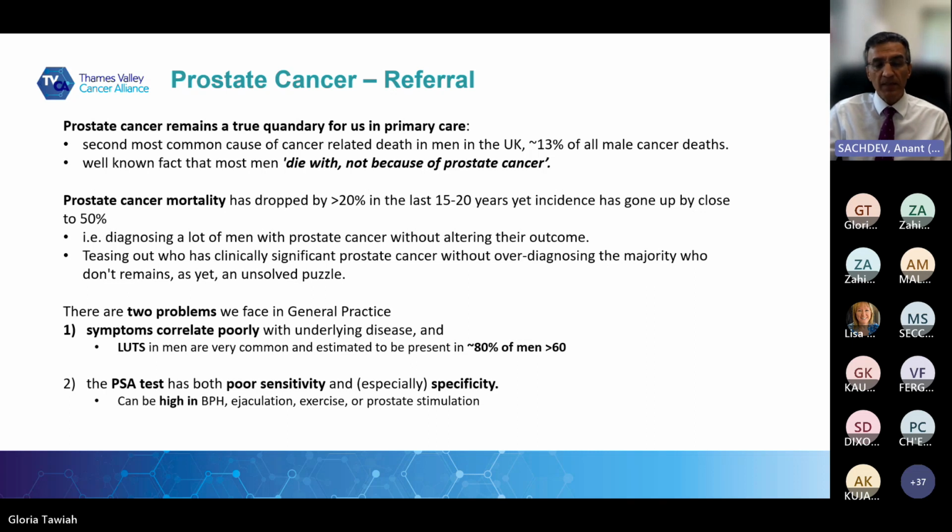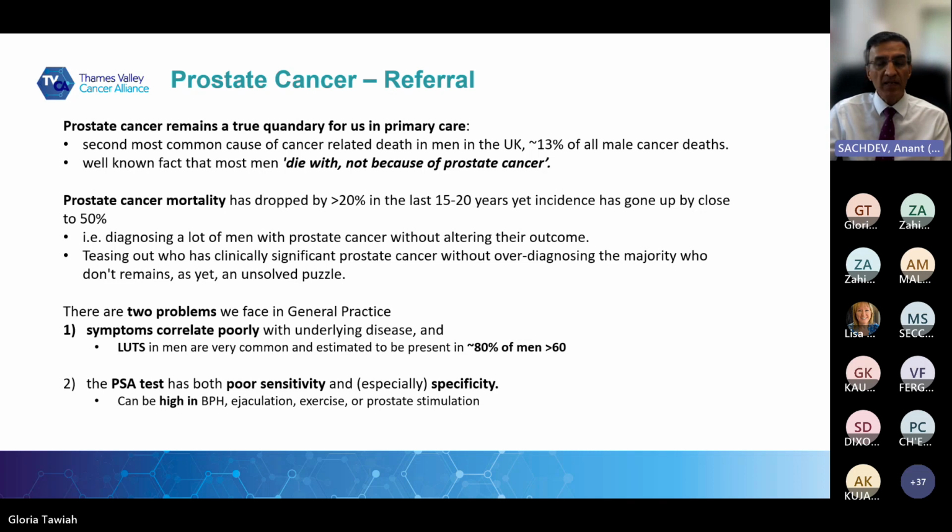First of all, symptoms correlate very poorly with the underlying disease, in that LUT symptoms are very common in men with the enlarging prostate in a benign fashion, and is estimated to be present in over 80% of men over the age of 60.